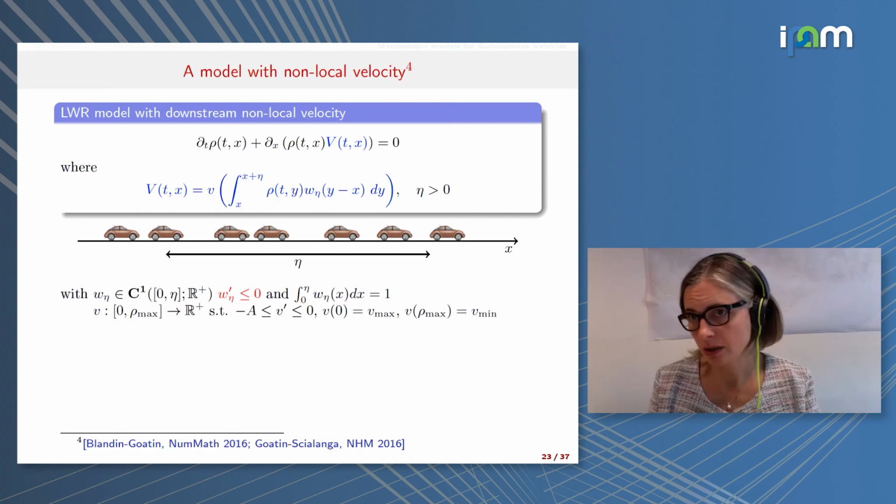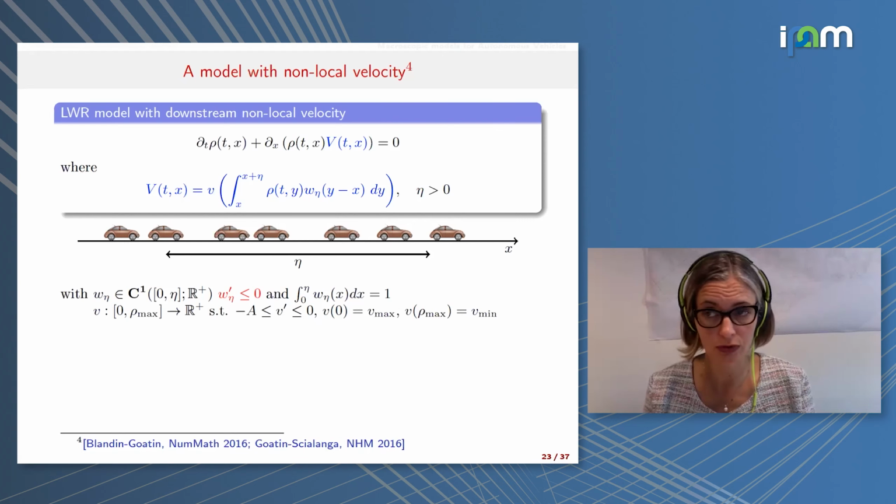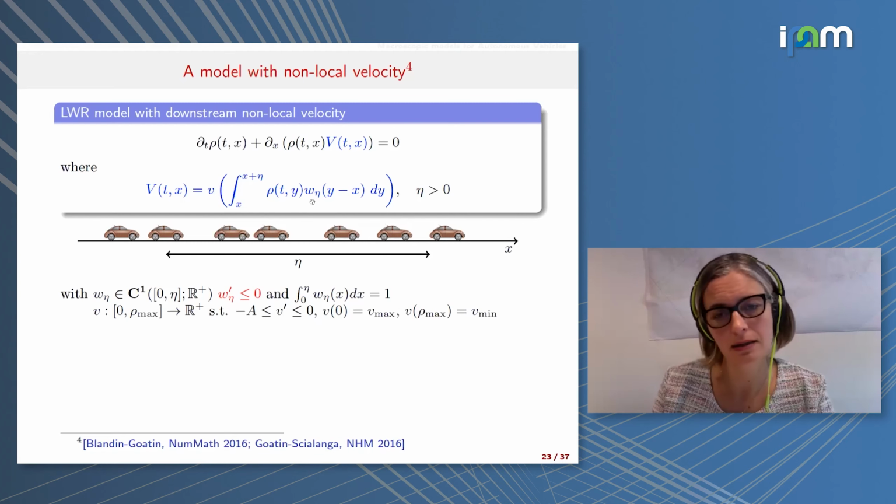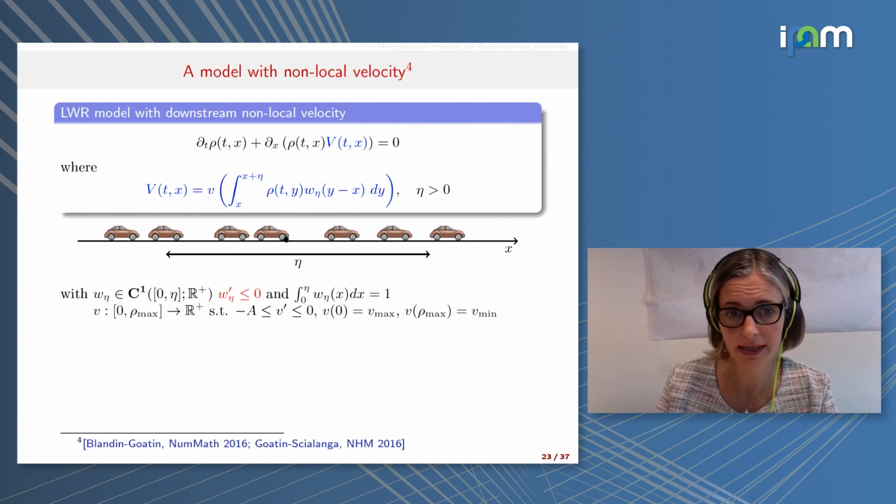Of course, I find it reasonable to pay more attention to cars that are closer to me than to the one that is far away. So I may choose to take a decreasing weight here. So this omega, or w_eta, will be a decreasing function of the space.